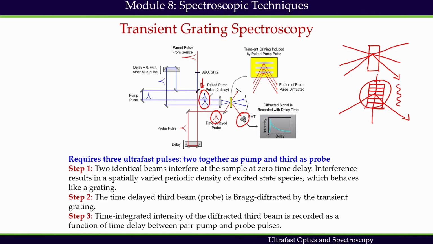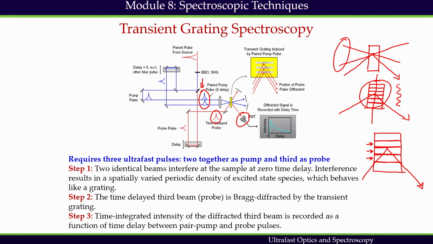So, what happens effectively is, I have a sample, and due to the interaction of these two identical pulses at time 0 delay, we create excited state species in this regime, and this regime, and this regime, and these white regimes represent the ground state species. The third, time delayed beam is then diffracted because of this transient grating, and this diffraction is possible only when I have excited state species in this regime.